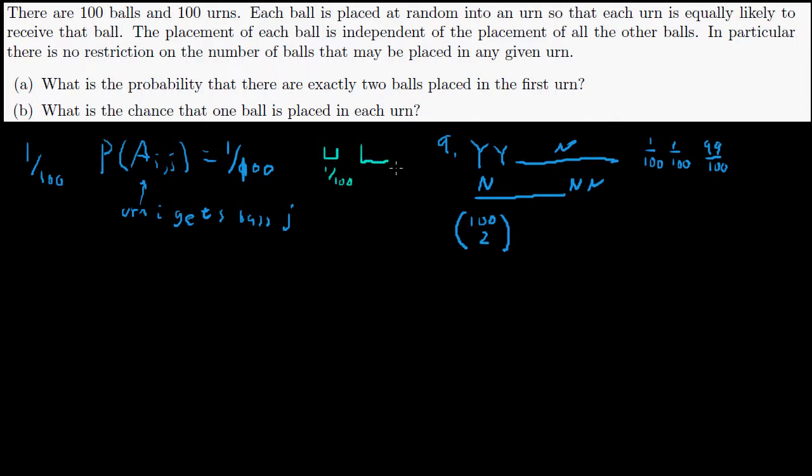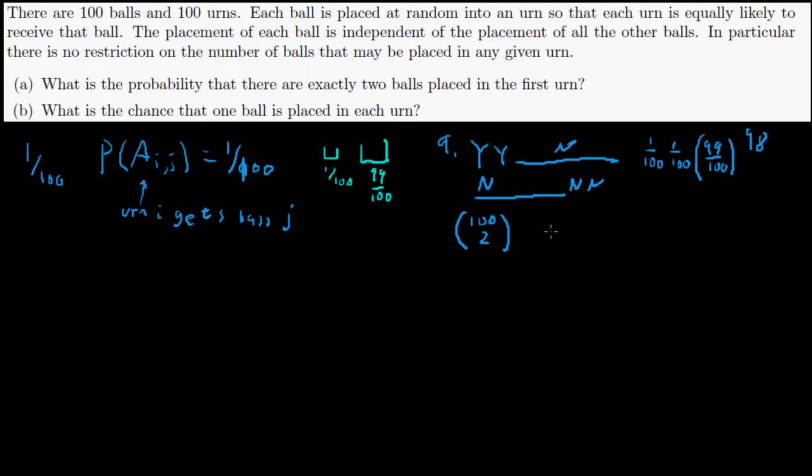Urns 2 through 100 are over here, and we've just lumped them together because it doesn't matter. So it's 99 over 100 to the 98th. And that's the same for any sequence that contains 2 balls that go into urn 1 and 98 balls that go into any of the other 99 urns.